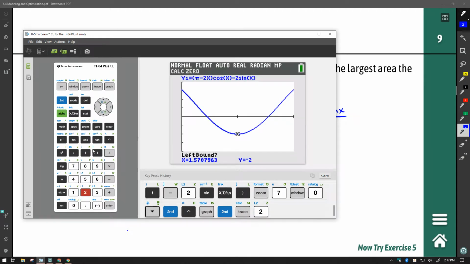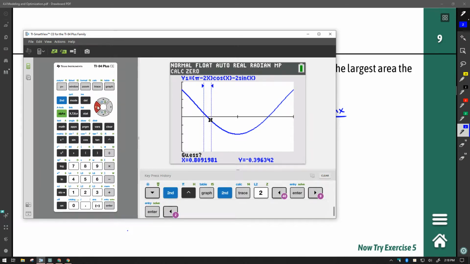We're going to be asked for a left bound, a right bound, and a guess. So for my left bound, I'm going to arrow over until we are just to the left of that x-intercept. Then we arrow over to the right till we're to the right of that x-intercept, and then give it a guess. There we have it.